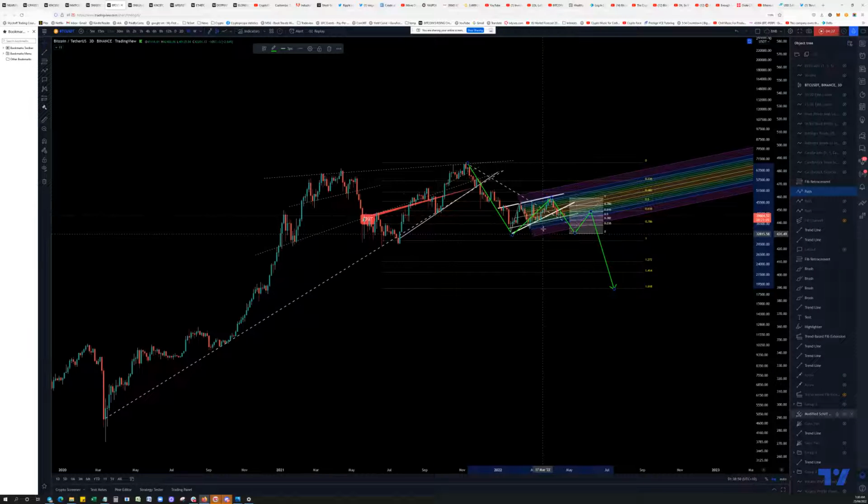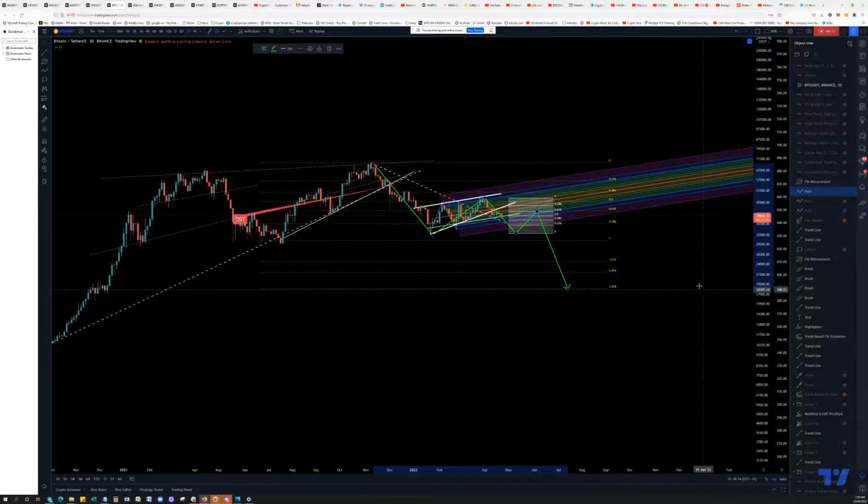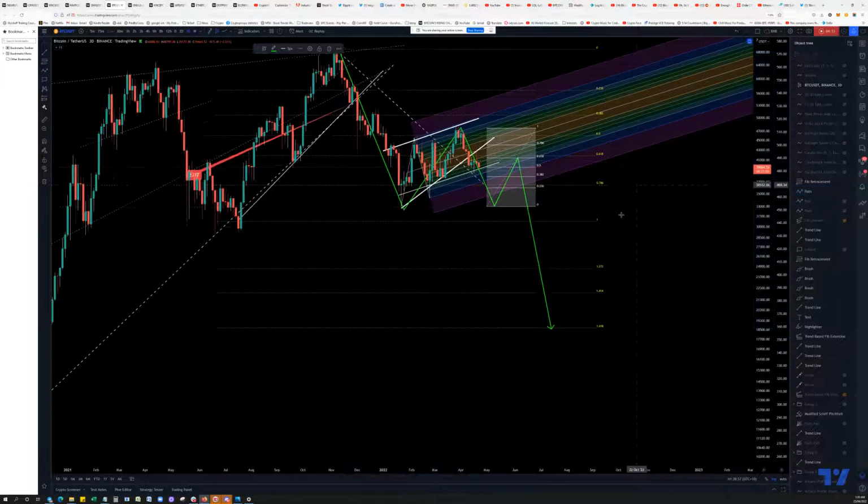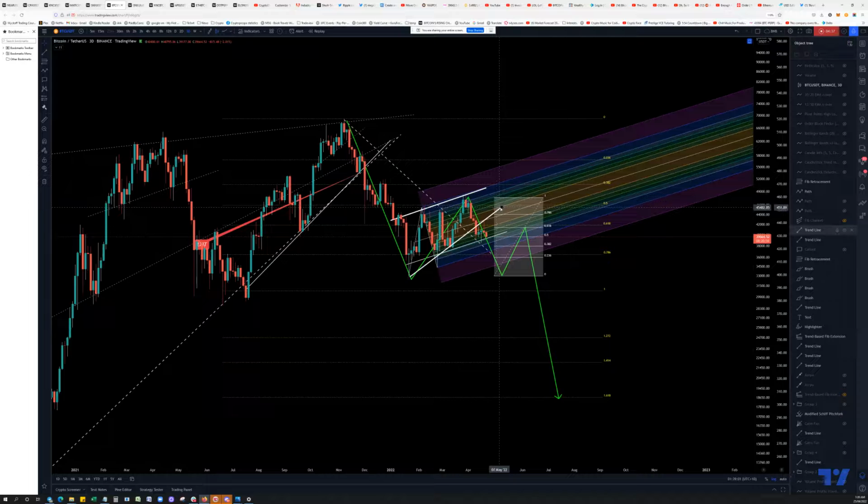So this currently looks like a bear flag, and if we look up closely, you can see many people draw this line like that, but it could have been that as well, and you can see how the middle of the channel was a rejection, and it's also another fib extension, but anyway, that's a bearish candle.